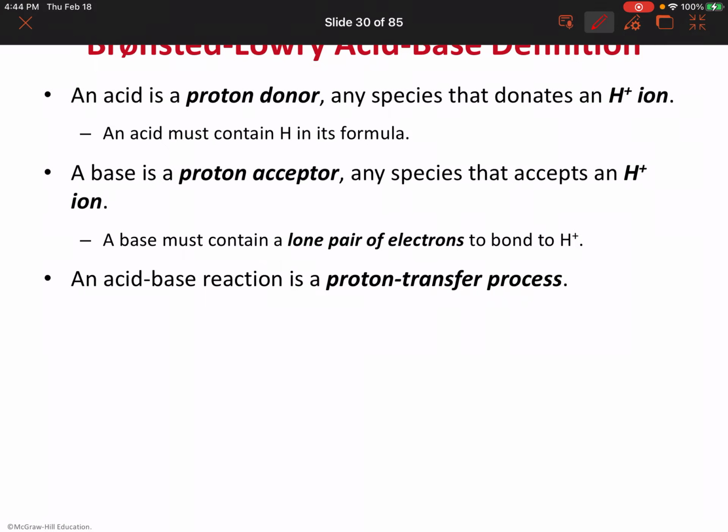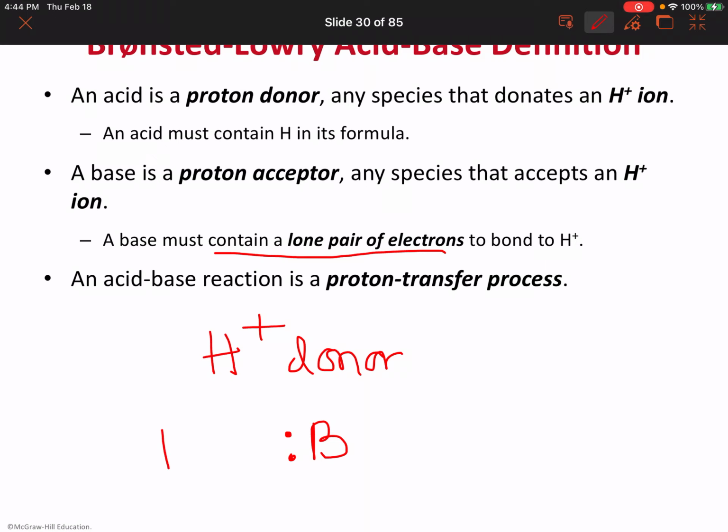So for example, in the Bronsted-Lowry acid-base definition, acid is a proton donor, and base is a proton acceptor, and the base needs to have a lone pair. A base must contain a lone pair of electrons to bond to H plus. Remember, H plus, a proton, is electron deficient.